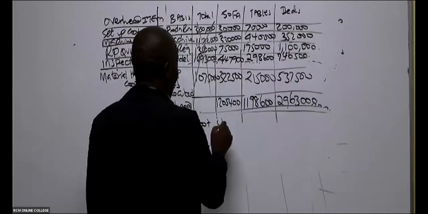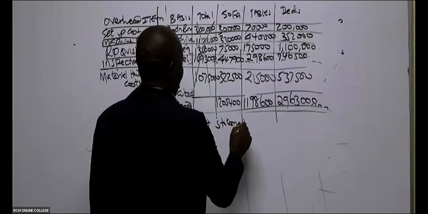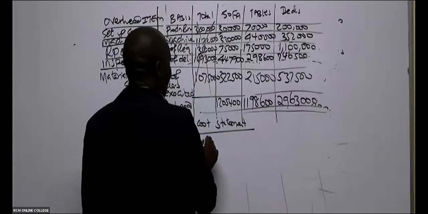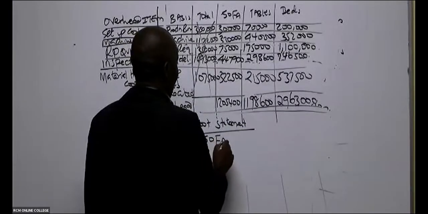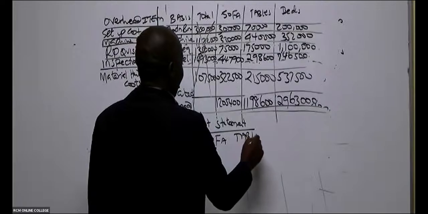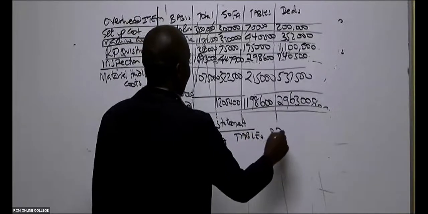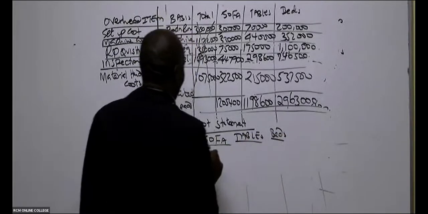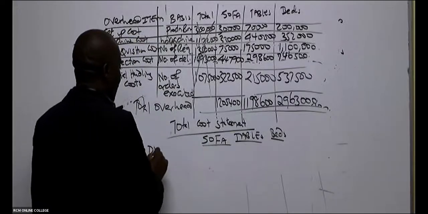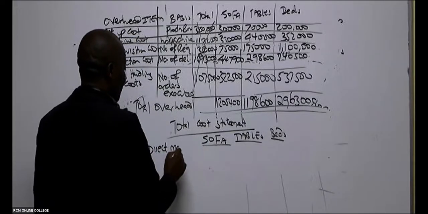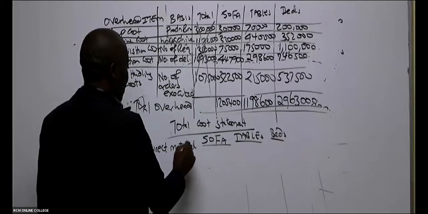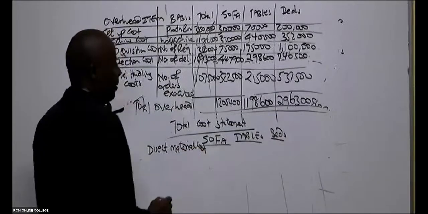Total cost statement, where we have 3 products so far: sofas, tables, beds. So we start with the prime costs, where we start with direct material cost. Remember, this doesn't change.